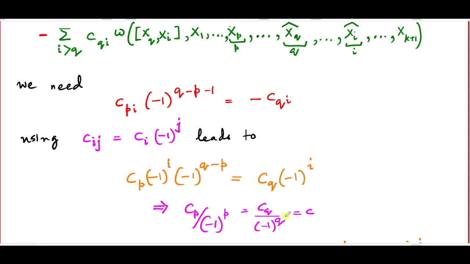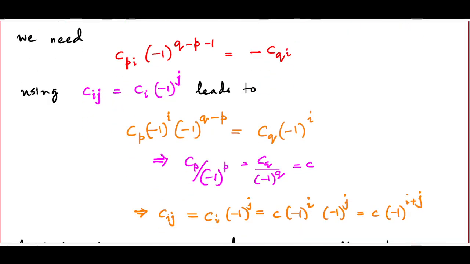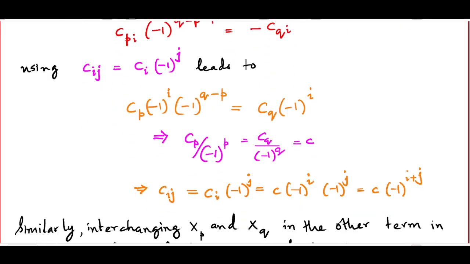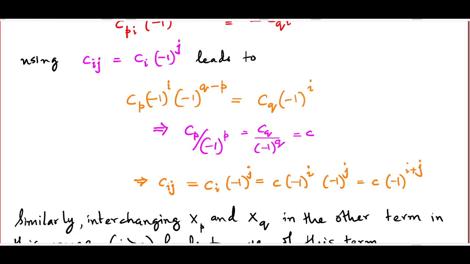And we are now going to call them both C. And note that this ratio is C no matter what values of p and q you use. So we get C_i is C times (-1) to the i. Finally, after plugging back this expression, we get C_ij is C_i times (-1) to the j, whereas C_i is C times (-1) to the i. So the overall thing is C times (-1) to the i plus j.